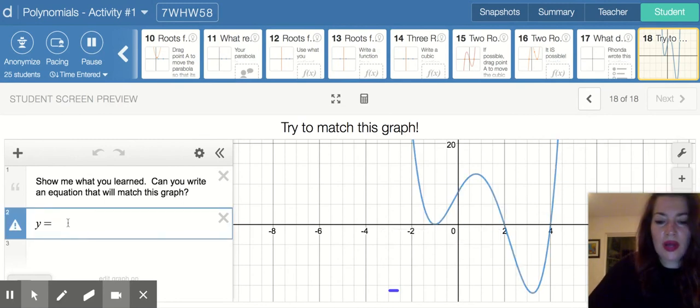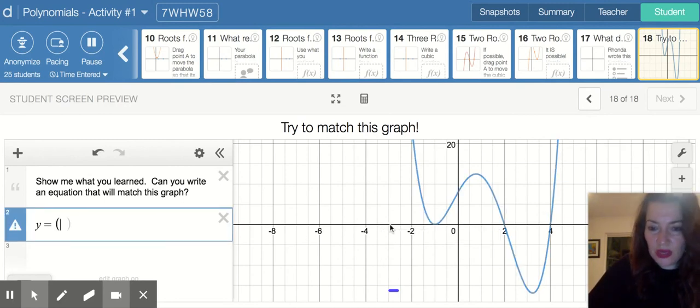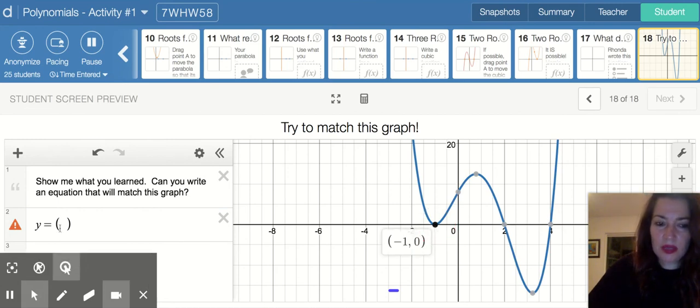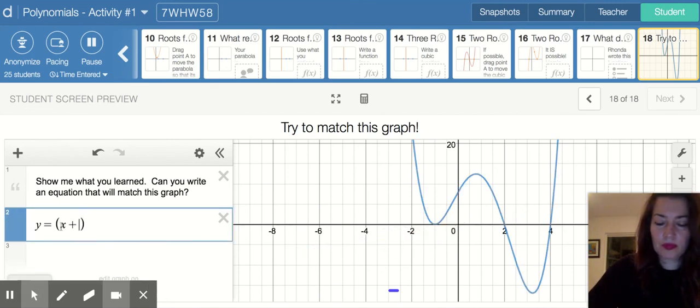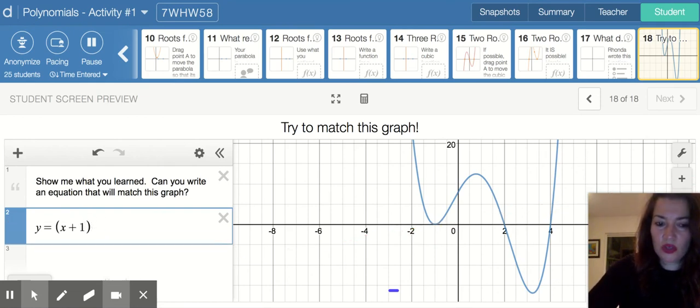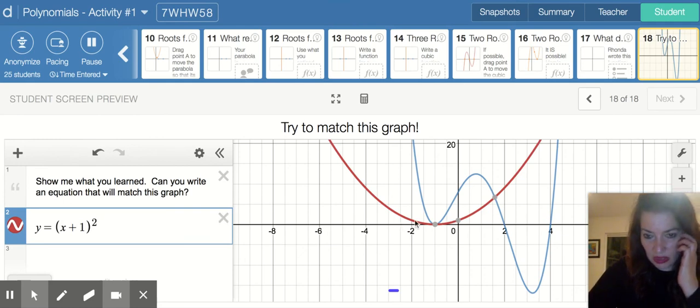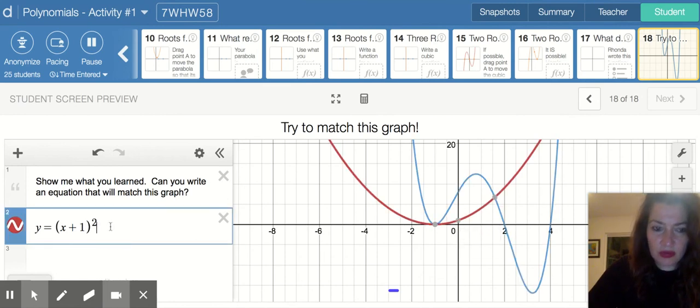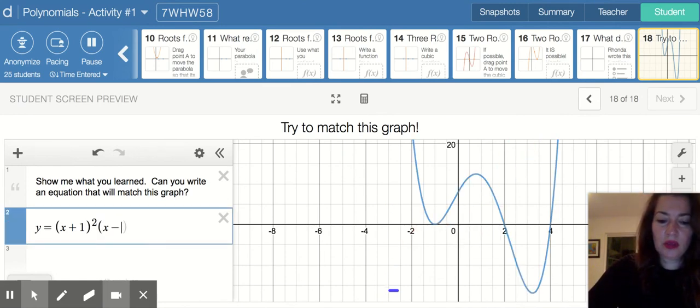So I'm going to go ahead and write the first one here was x minus 1. So I'm going to write x plus 1. But there is a bounce there, so I'm going to go ahead and put it degree 2 because this means there are 2 of them. And then I have an x-intercept at 2, 0, so I'm going to go ahead and write x minus 2.